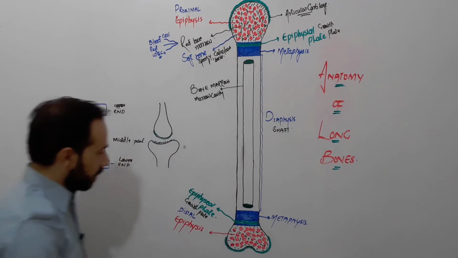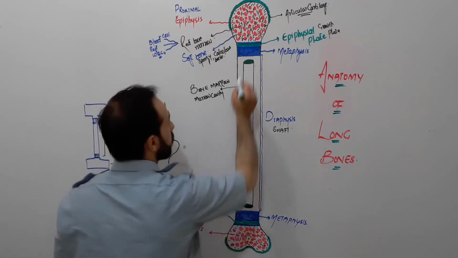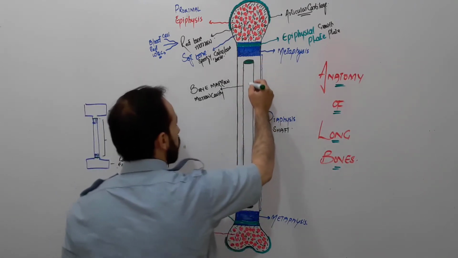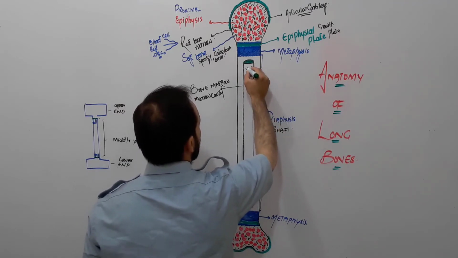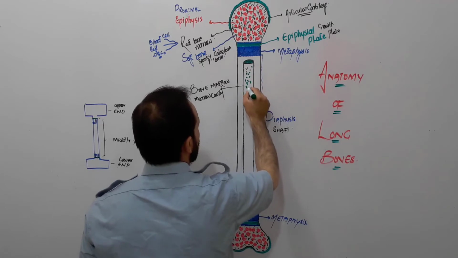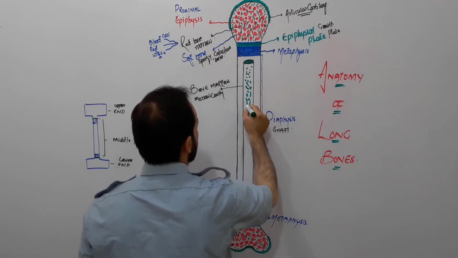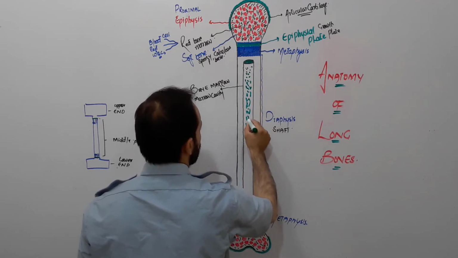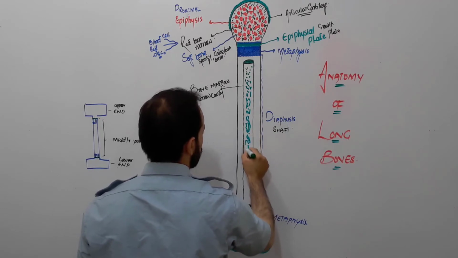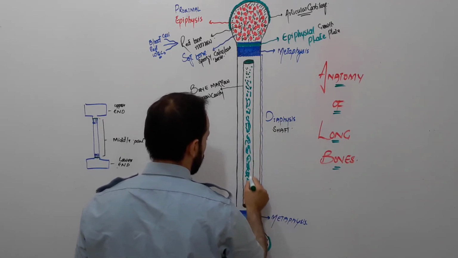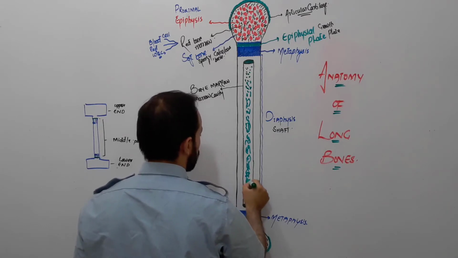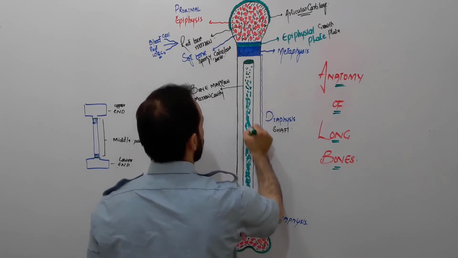Inside this marrow cavity, as you can see here, I drew it with green color, but actually this is not green. Actually this is containing a bone marrow, which is called the yellow bone marrow, right? This cavity contains what? This cavity contains yellow bone marrow.